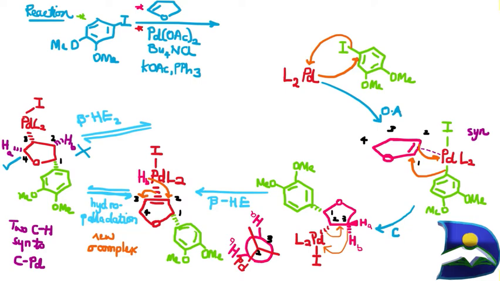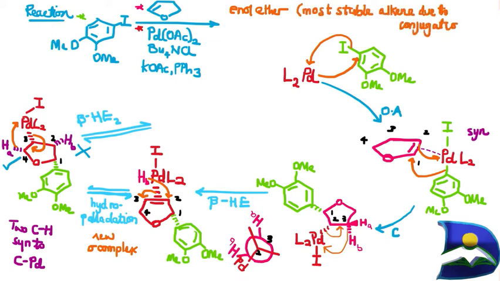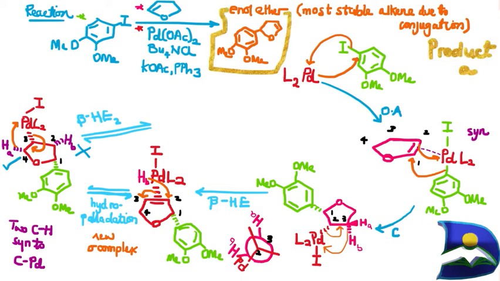Therefore, hydrogen A will be eliminated, which will lead to the formation of an enol product, and this enol product is due to the creation of the double bond between 3 and 4. Therefore, we have an enol ether, and an enol ether is a more stable alkene due to conjugation. Therefore, this is our product, and this product, taking note of it, is product A.